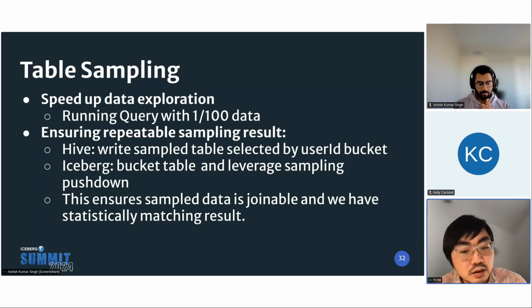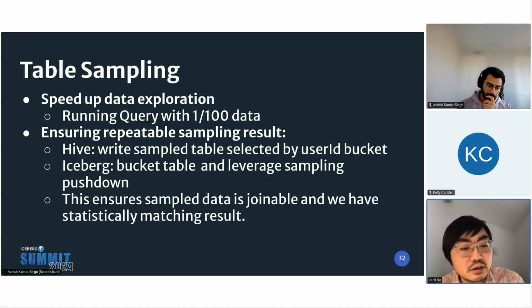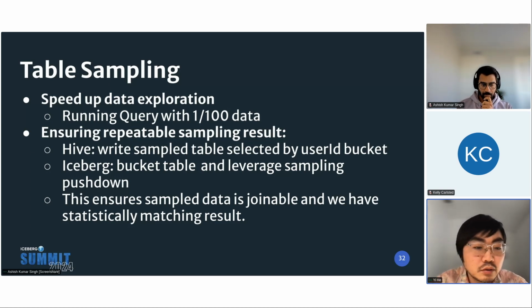By carefully selecting proper bucket columns, such as user ID, we were able to ensure the sample data is joinable between tables and has statistically close enough results against the production table.